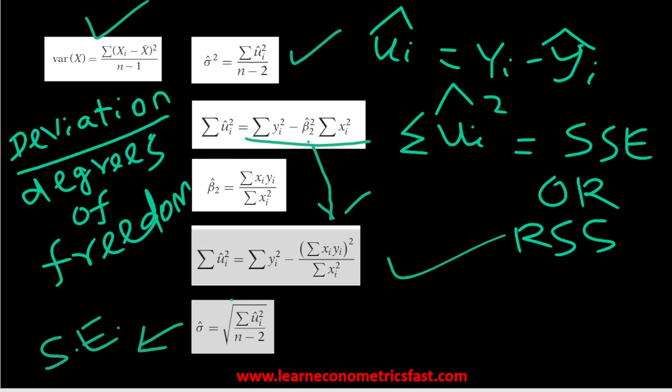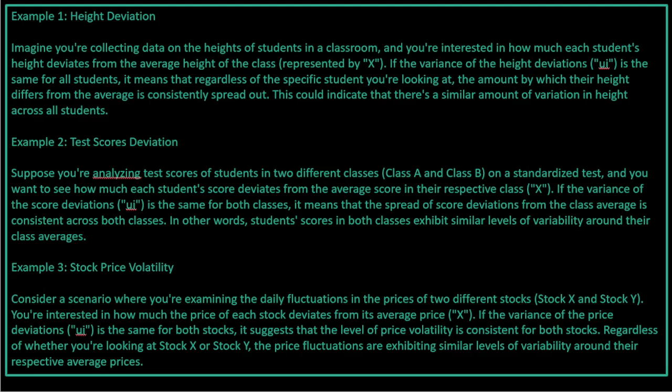Now let's go through some examples of homoscedasticity. Suppose we are collecting data on the heights of students in a classroom. We are interested in how much each student's height deviates from the average height of the class, say x bar.